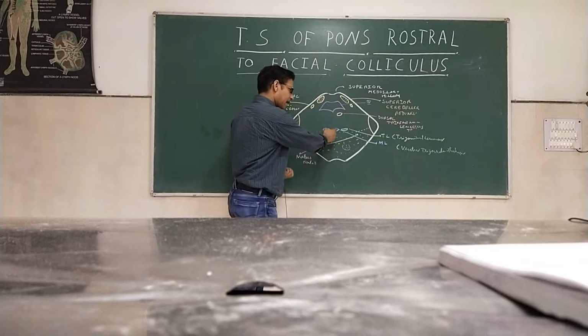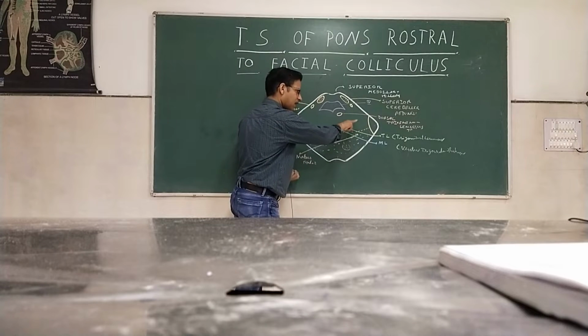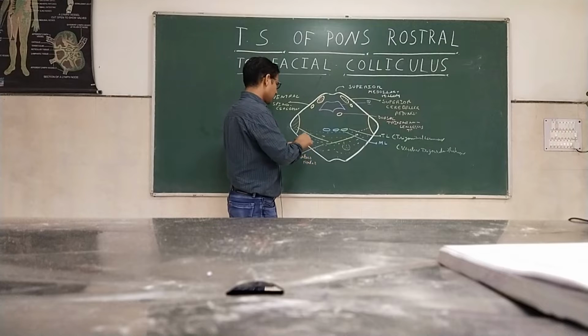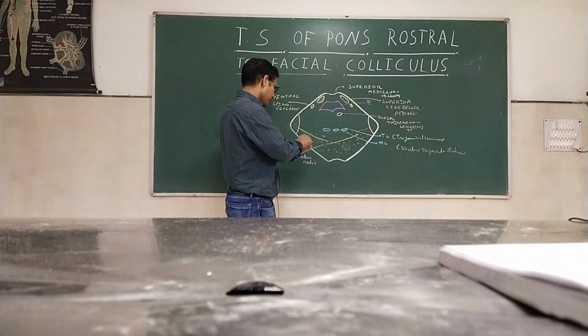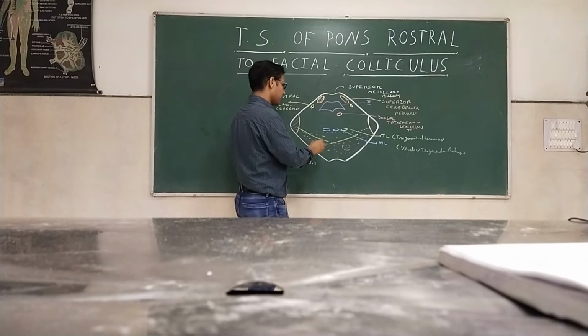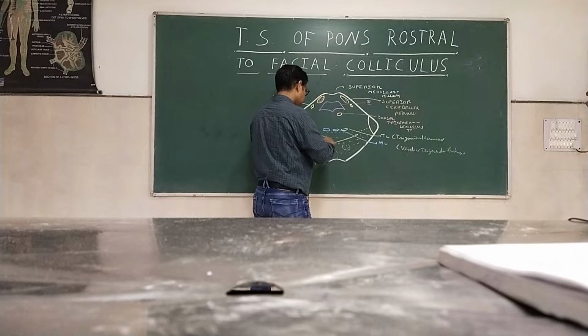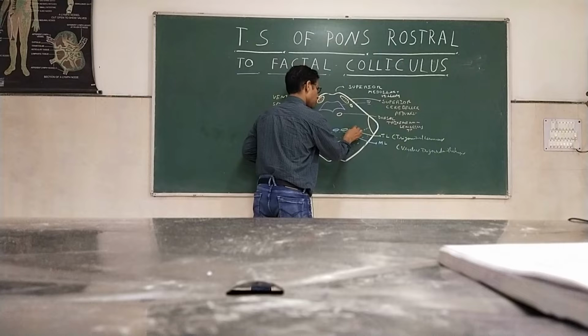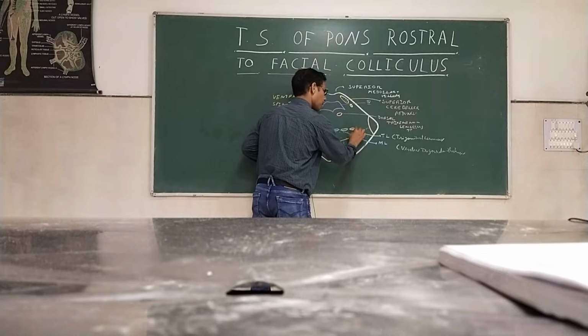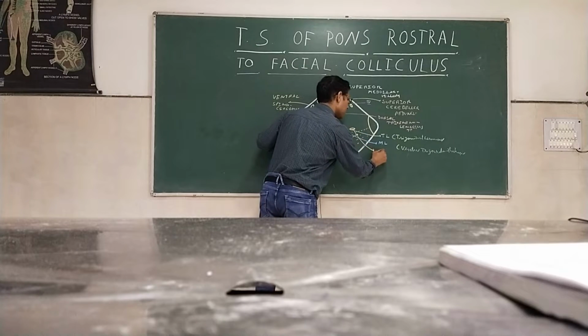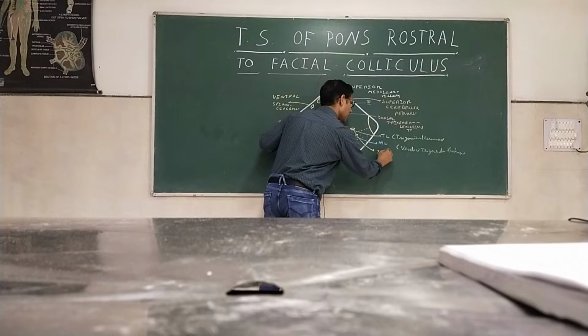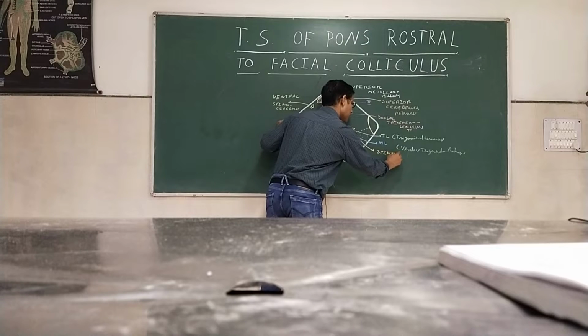Okay, in the necklace form, the third one is the spinal lemniscus. I am representing this one by this color. This is the spinal lemniscus.